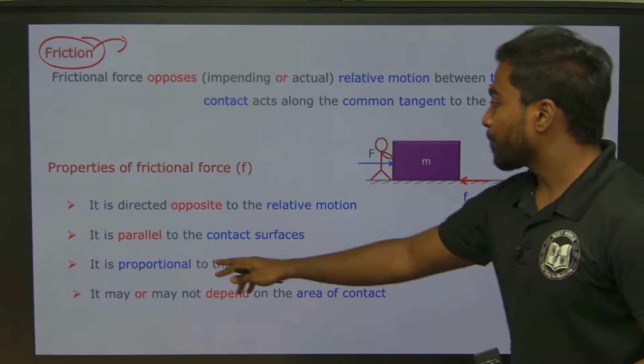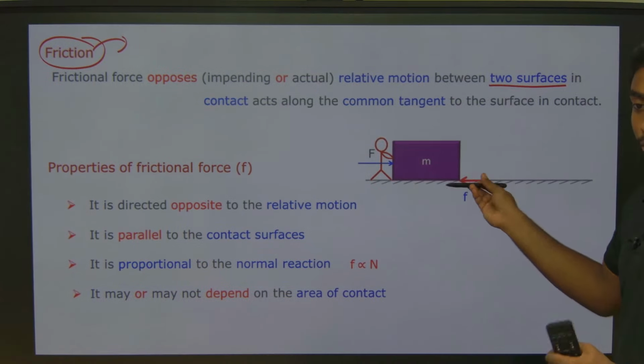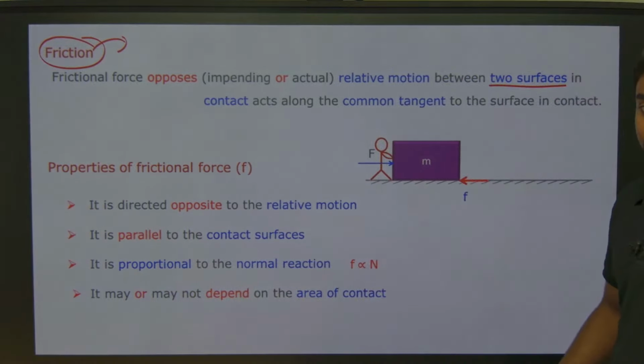Second point, it is parallel to the contact surface. Third, it is proportional to the normal reaction.